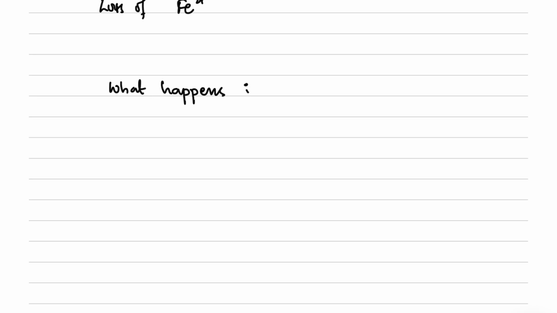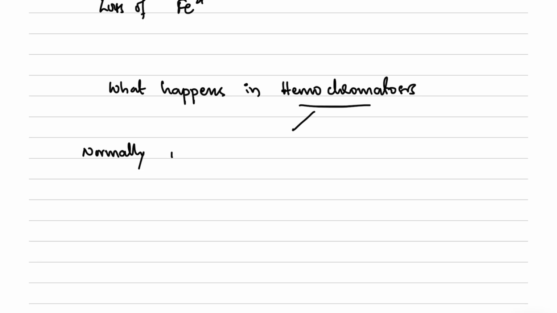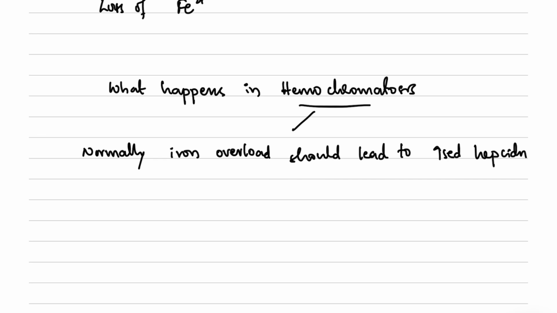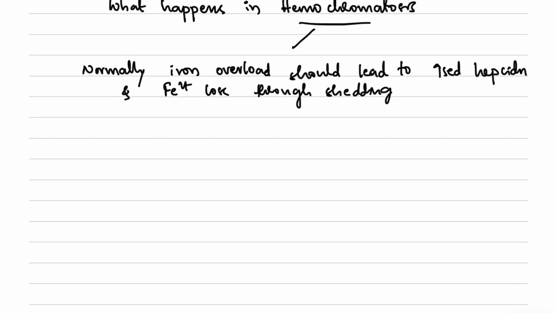In hemochromatosis, excess iron overload, normally iron overload should lead to increased hepcidin and iron loss through shedding. But this does not happen.